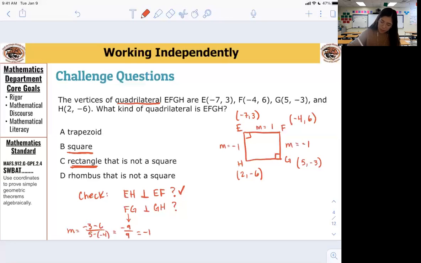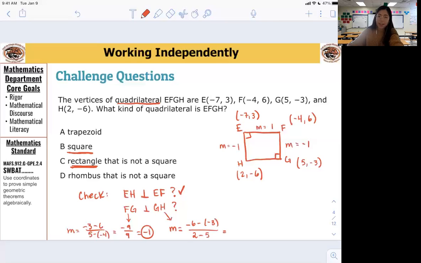And now the last one, GH. That's going to be negative 6 minus negative 3, over 2 minus 5.